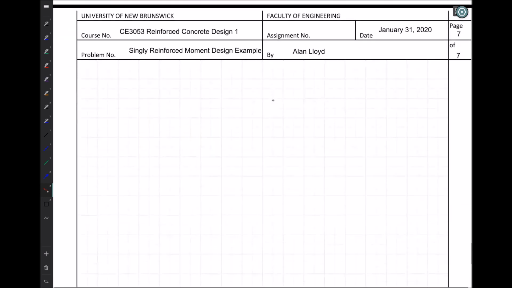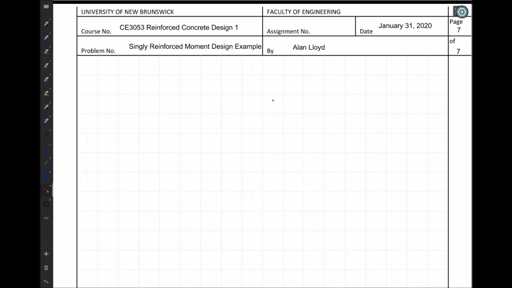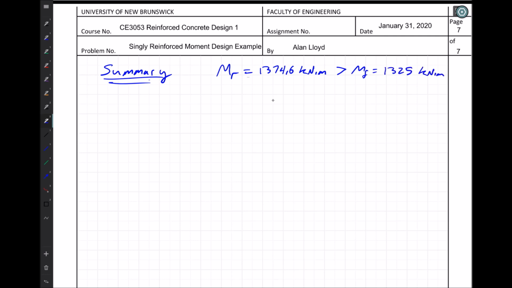So all that's left for us now is to give some specifications, some details in a summary, and then we're finished our problem. Everything's passed and we have a very efficient design that satisfies all cracking control requirements. So first off, MR is equal to 1374.6 kilonewton meters, which is greater than MF, equal to 1325 kilonewton meters, and we did update all of our dead loads, so we're good to go.